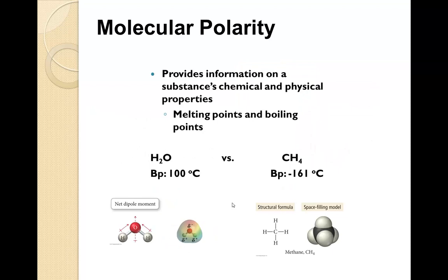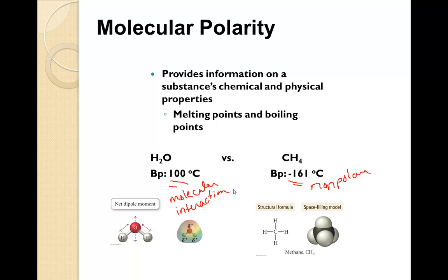Molecular polarity also provides information on the chemical and physical properties such as melting and boiling points. Notice with water, its boiling point is 100 degrees, while CH4, a nonpolar substance, is far lower. That's because the molecular interactions involved in a polar molecule are holding it together more, and they don't want to interrupt that pattern.